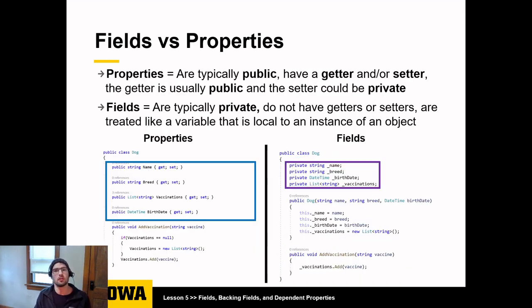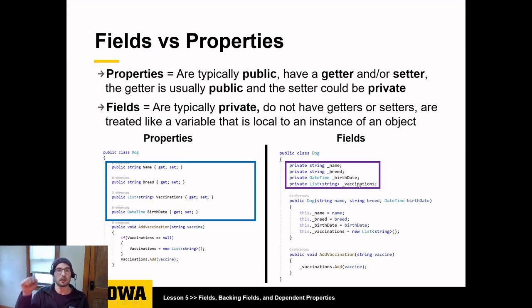Now we introduce a new component to use when designing our classes, and that component is fields. The differences between fields and properties are similar but important. Properties, we said, are typically public and have this get set syntax. We saw that the setter could be private in the case of the thermostat example, and we also just saw that it can be omitted entirely.